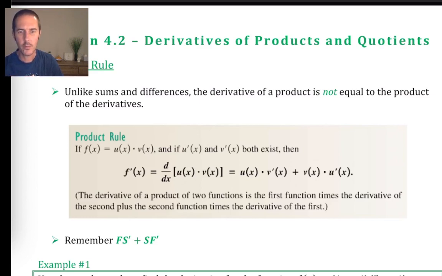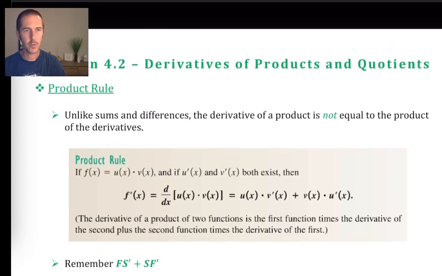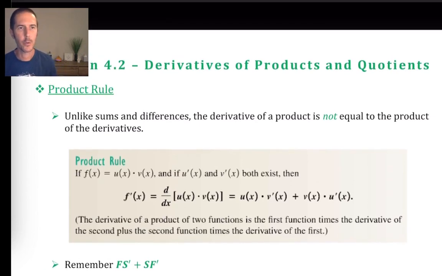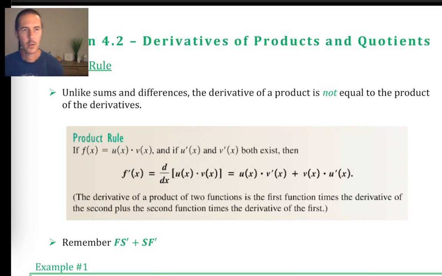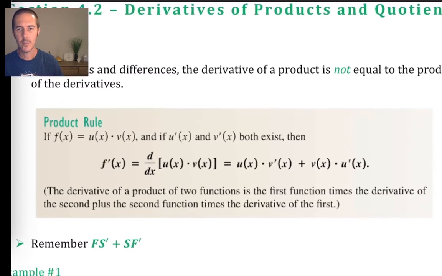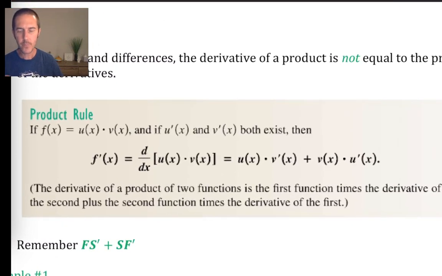So the first little subtopic I want to talk about here is the product rule. And we can't distribute the derivative over a product. What you're seeing in this sort of tan colored box is the product rule.